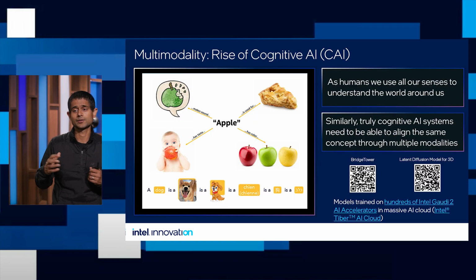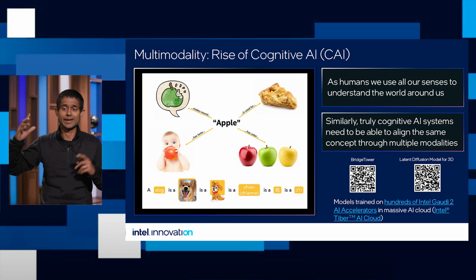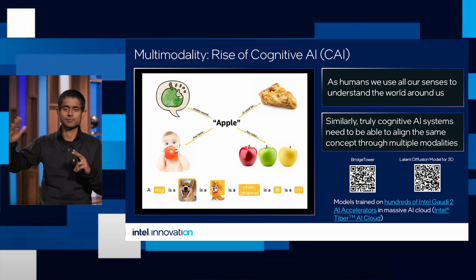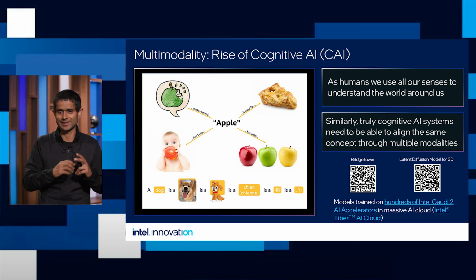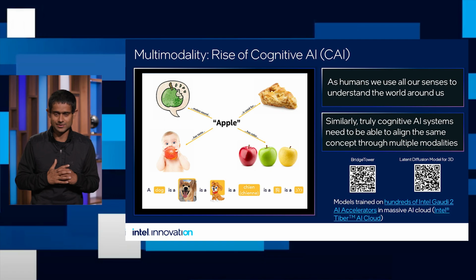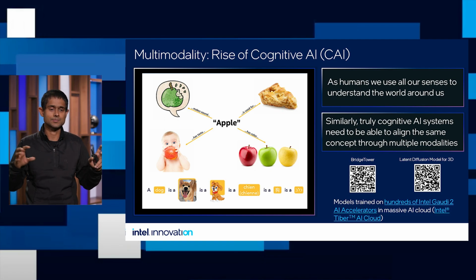So this goes back to our original thesis that there are these amodal concepts, that there are these concepts that are informed by knowledge in various modalities, in language, in video, in speech, and the goal of a truly cognitive AI system is that a model is able to thread through concepts that intersect all of these modalities.